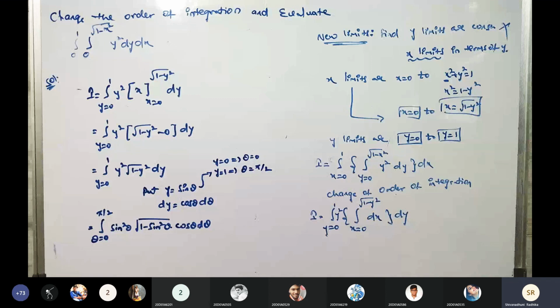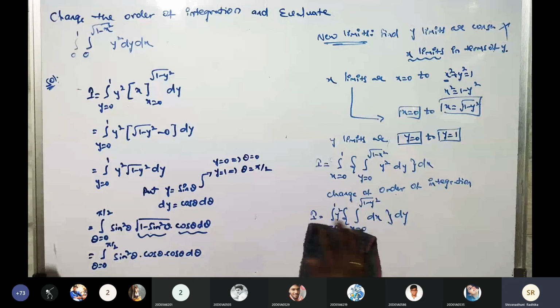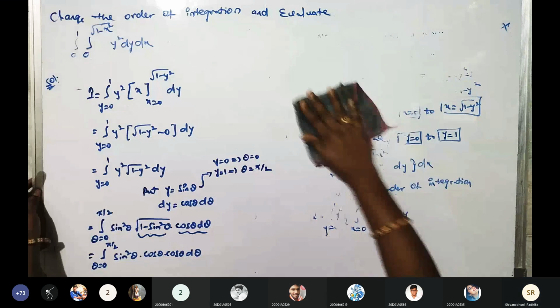In this, under root of 1 minus sine square theta is under root of cos square theta, and root and square get cancelled, cos theta, into again we have cos theta d theta. So cos theta into cos theta is cos square theta.